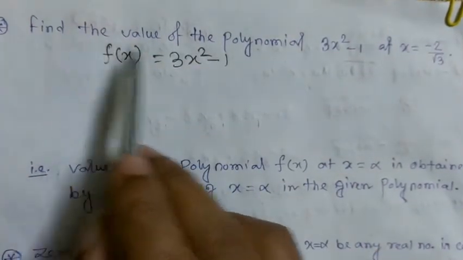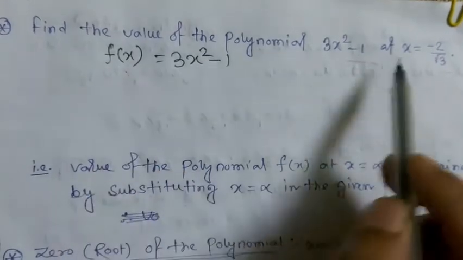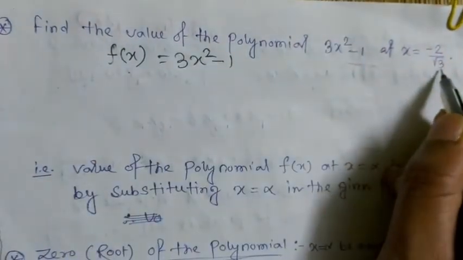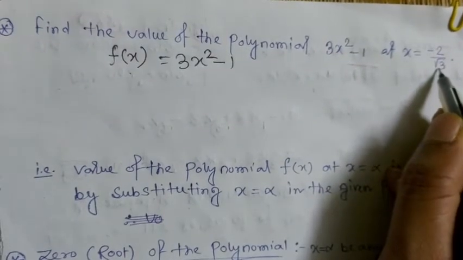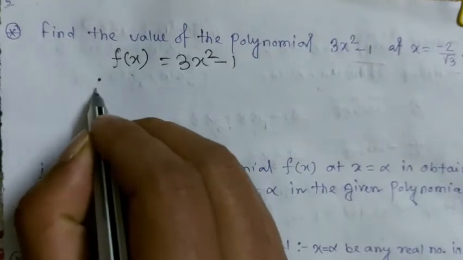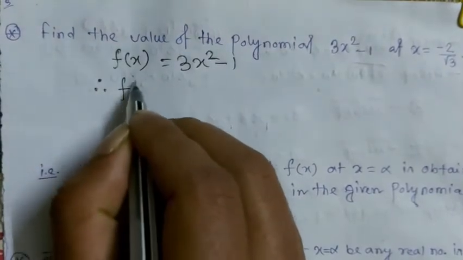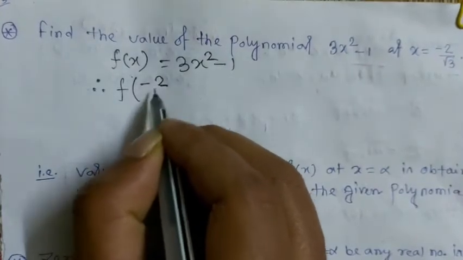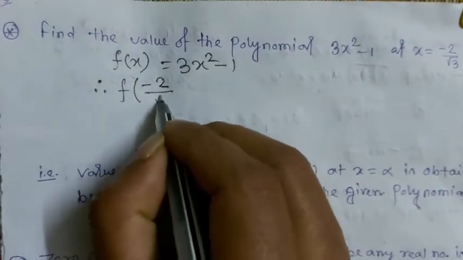And we have to find the value of this polynomial at x equal to −2/√3, so we have to put the value of x as −2/√3. In place of x we write −2/√3, so f(−2/√3).